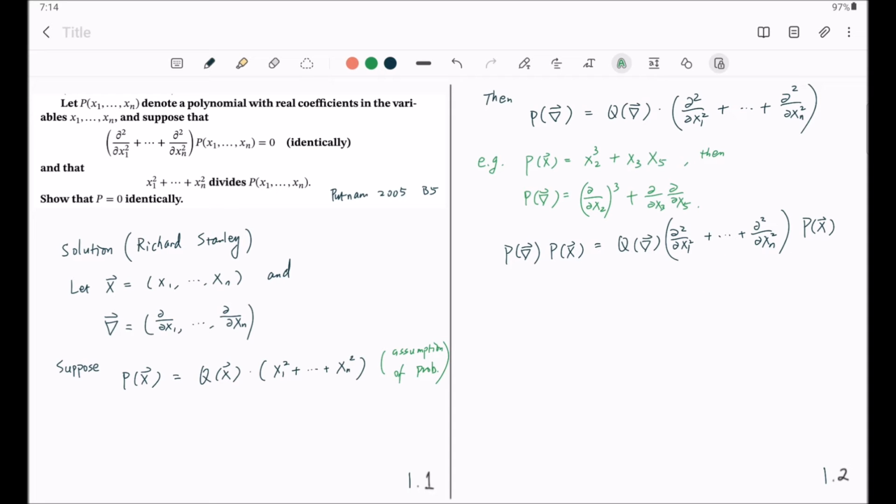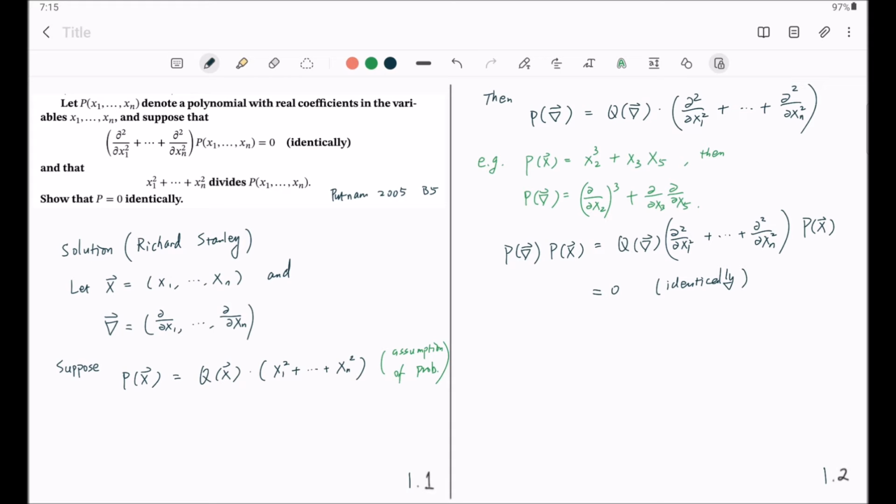From the right hand side, combined with this hypothesis, you get identically 0. So this polynomial of nabla applied to this polynomial itself is identical to 0. And we want to conclude from here that this polynomial itself must be identical to 0.